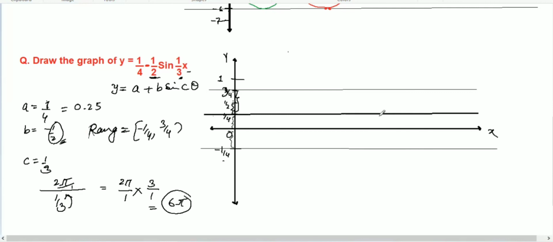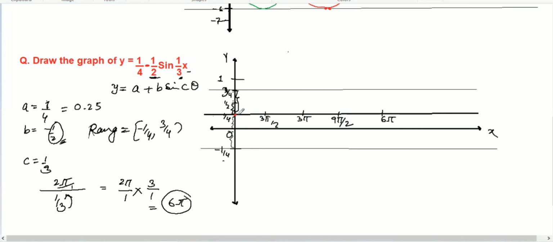So our midway line is here. Take 6 pi here, and then half of 6 pi is 3 pi. Then half of 3 pi is 3 pi over 2. And then 3 pi plus half of 3 pi will be 9 pi over 2. Now draw the graph. Be careful. This is minus half here, so the graph will not start from up. The graph will reflect about the midway line. So here it will be 0, 0.